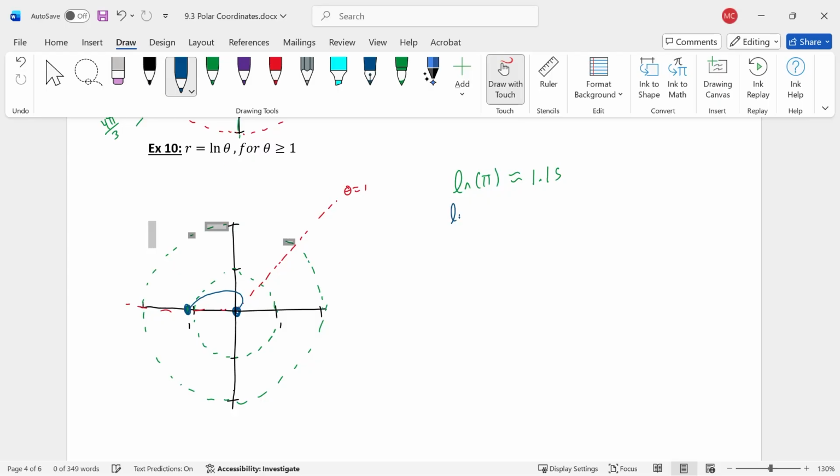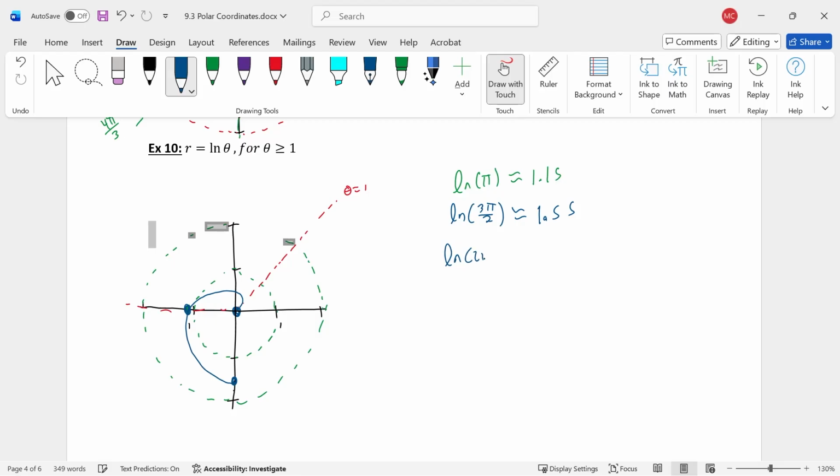Now let's say I take ln of 3 pi over 2. That's about 1.55, so that's going to be about here. So it keeps rotating out, gets a little bit longer.